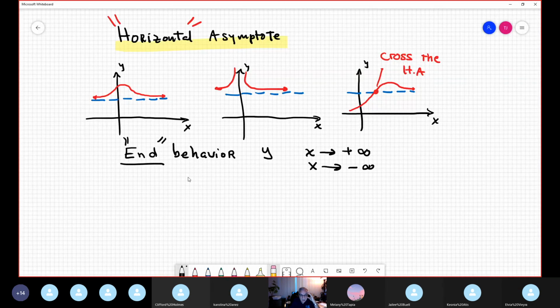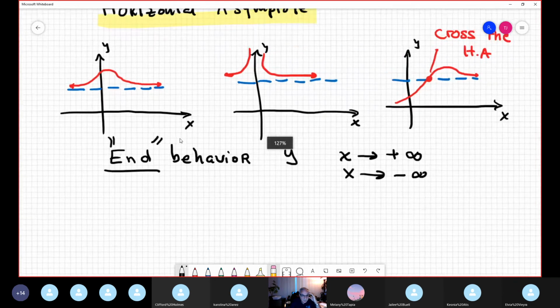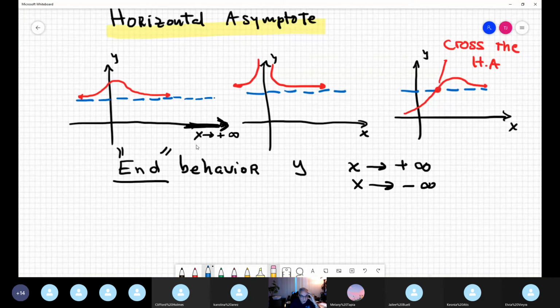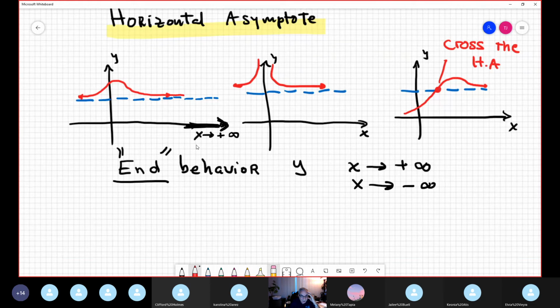And you see here, let me look at the first graph. When the X approaches infinity, look, X approaches infinity positive. In that direction, our curve, the red one, approaches the asymptote but never touches.